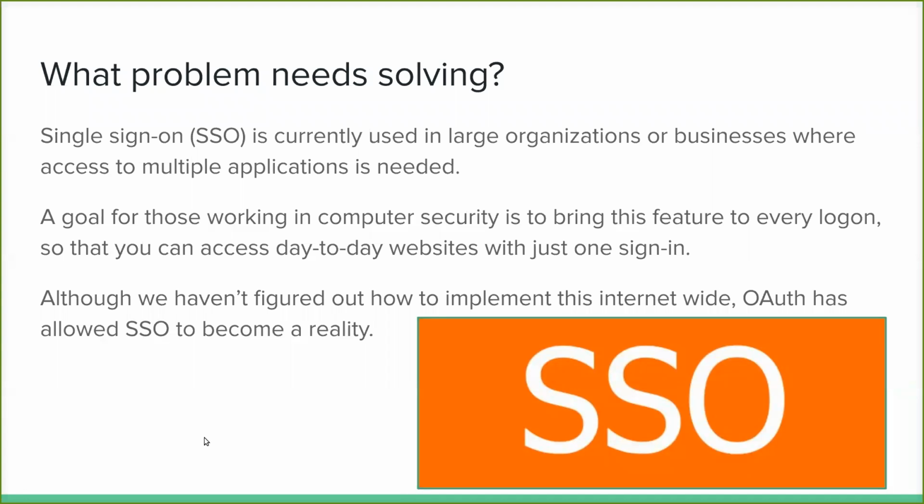So one of the reasons why OAuth came around was to solve a problem with single sign-ons. Like I talked about last time, a single sign-on is something that a lot of large organizations and businesses use, where it lets you access multiple applications with a single login.